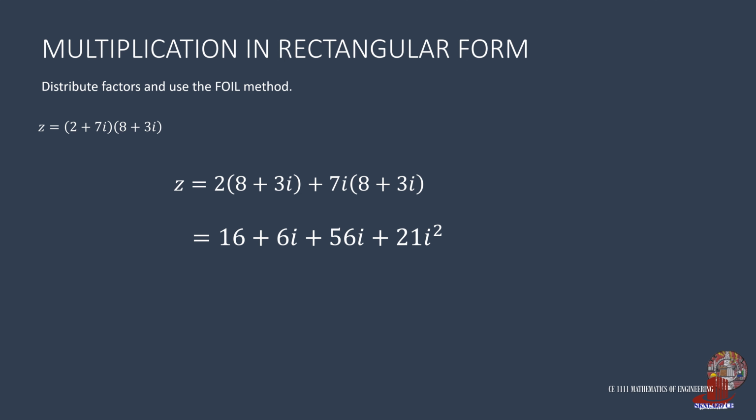Multiply the exterior factors and come up with 16 plus 6i plus 56i plus 21i squared, where i squared is negative 1. So the expression becomes 16 plus 6i plus 56i minus 21. Collect similar terms again to have negative 5 plus 62i.